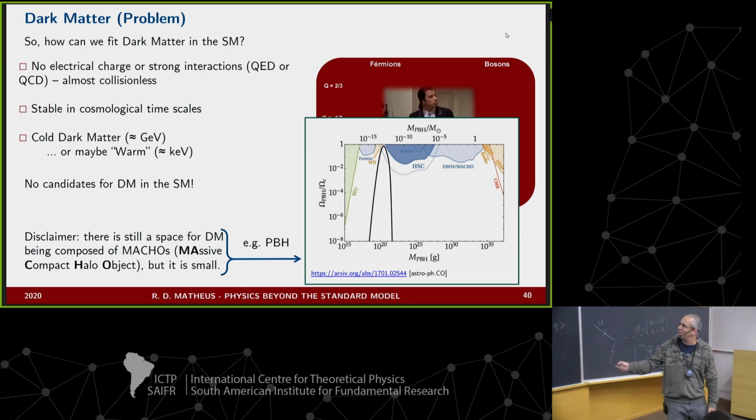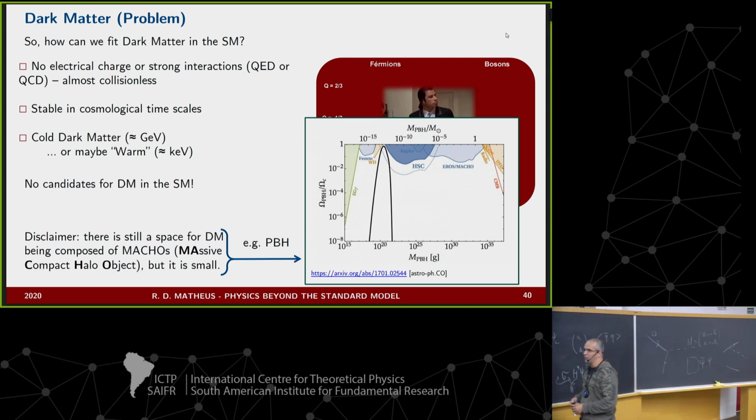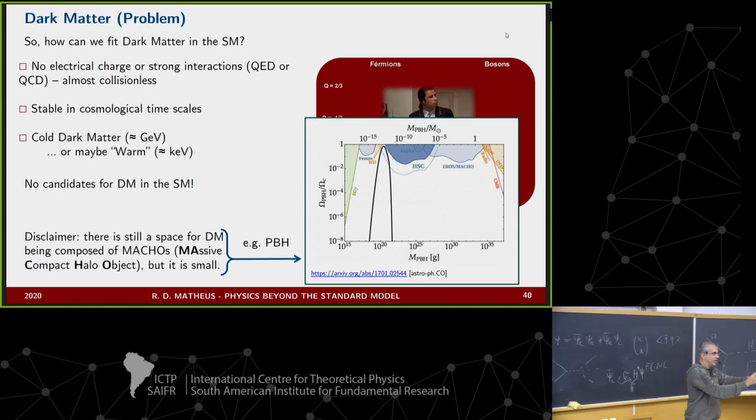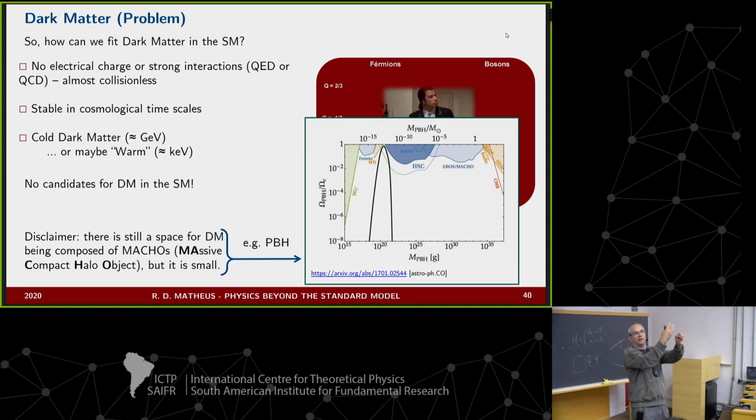It's a massive compact halo object. So it's something which is produced by astronomical processes, right? Some very small white dwarfs, I don't know, primordial black holes, so big objects made of protons and neutrons, but they are so small that you don't see them because they just do not absorb enough light. But they are there, and you have a dust of these guys around, and we're putting constraints on that.